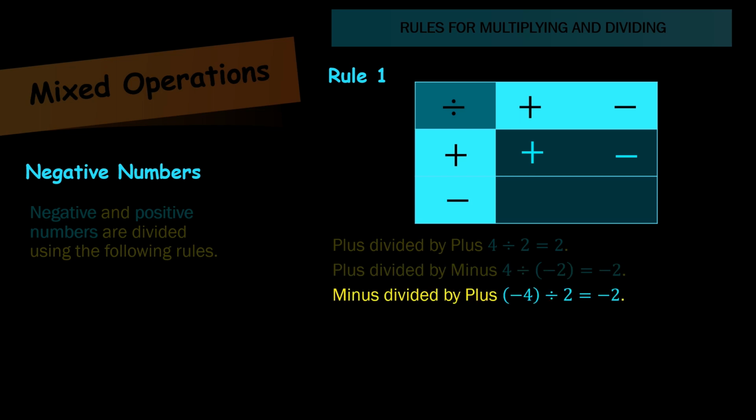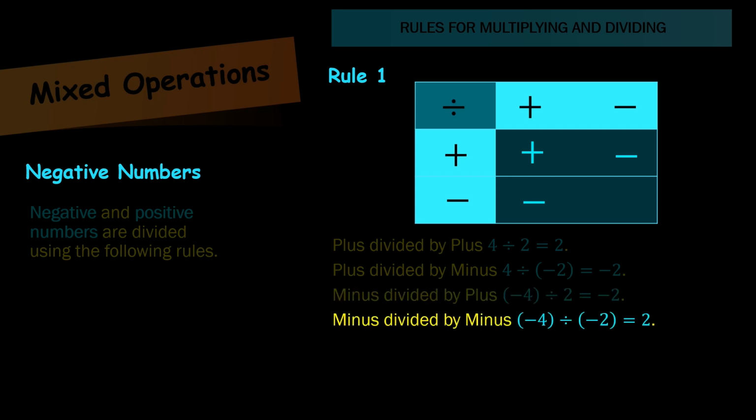Minus divided by plus, such as minus 4 divided by 2 equals minus 2, so minus. And minus divided by minus, for example, minus 4 divided by minus 2 equals 2, or plus.